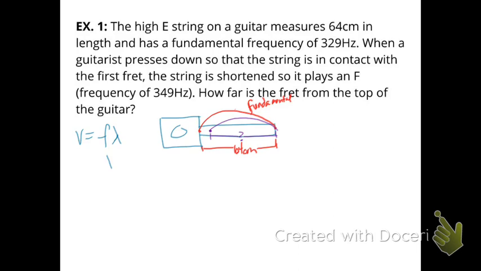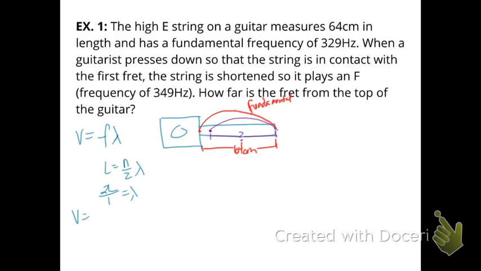And L is equal to n over 2 wavelengths. And what's the n in this case? Number of harmonics. Which number is it going to be? So that means our wavelength then is 2L over 1. That's our wavelength.